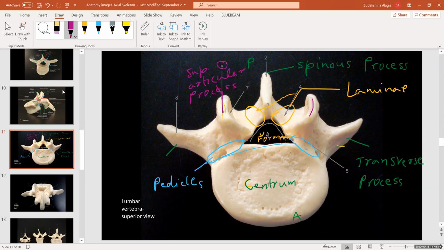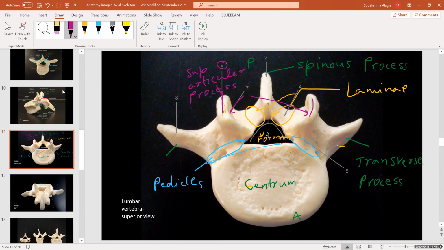Instead of the facet being projected superiorly, as it is for thoracic and cervical vertebrae, the facet is turned inward, because look at the processes themselves, turned slightly at an angle. It's not coming up straight. So the superior articular facet is turned toward, facing the spinous process.